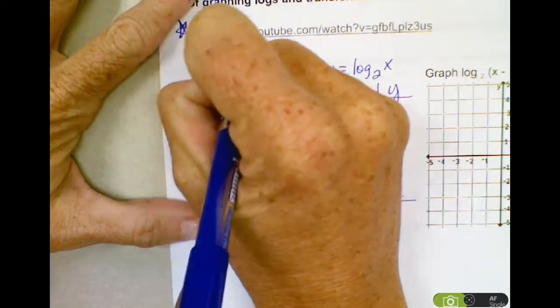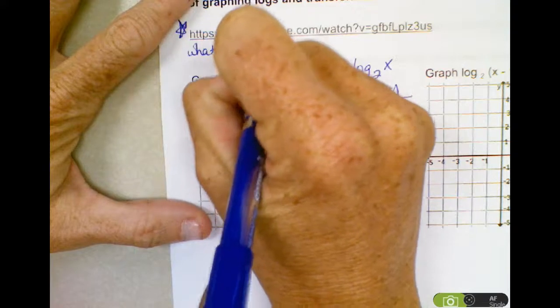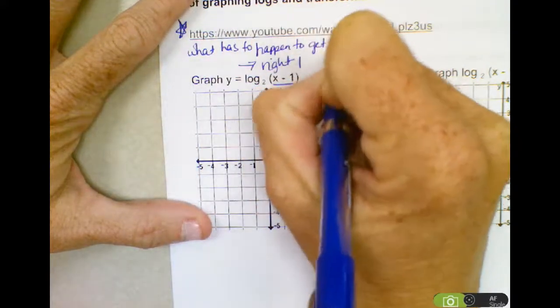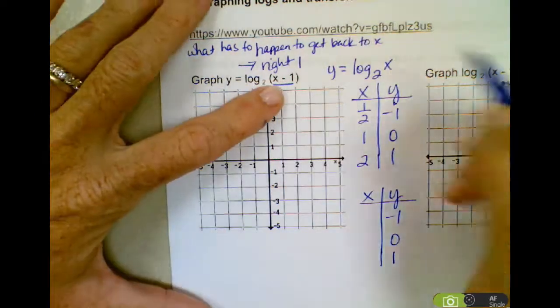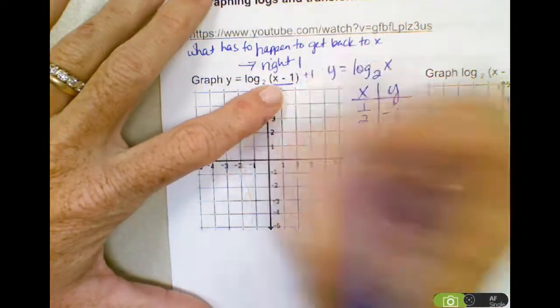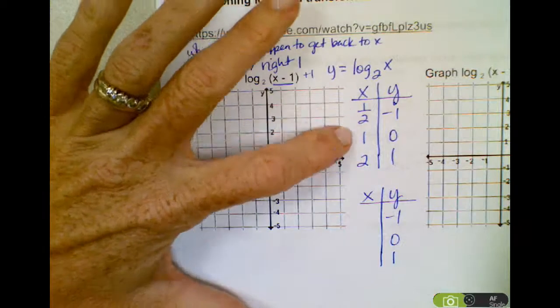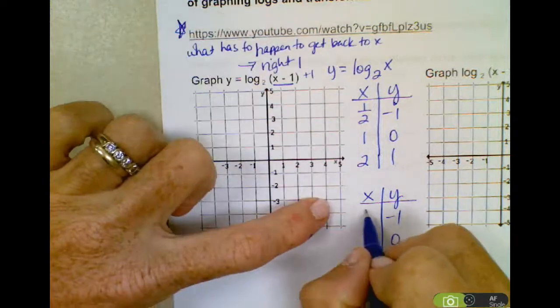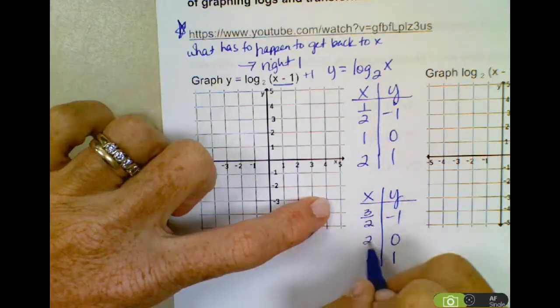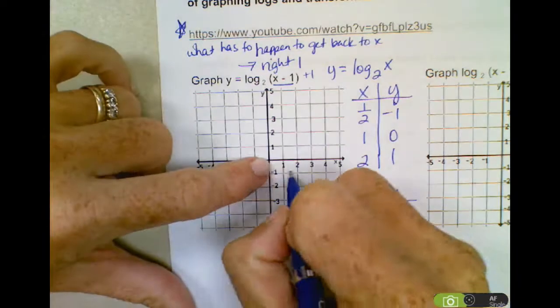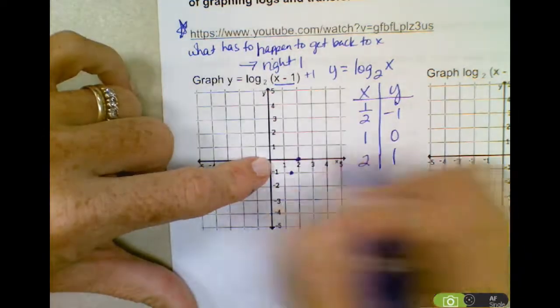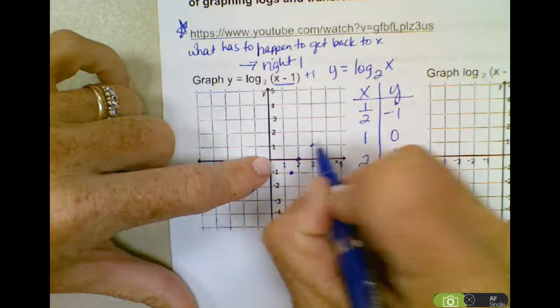What has to happen to get back to x? So I've got to counteract that. So I have to add 1. Okay? So I'm going to add 1 to each of my x values here. So that would be 3/2, 2, and 3. And if I graph that, I would get 3/2, -1, 2, 0, and 3, 1.